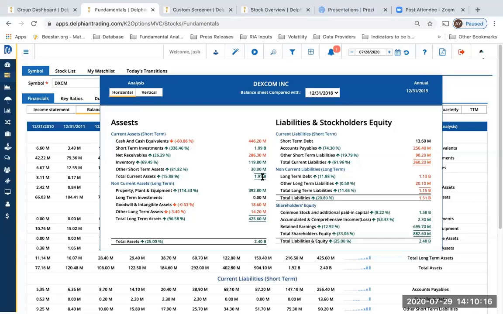So out of 1.97 billion current assets, they have to make payments of 360 million in the next 12 months. Can this company pay the liabilities in the next 12 months? Will they have any financial difficulty at all?